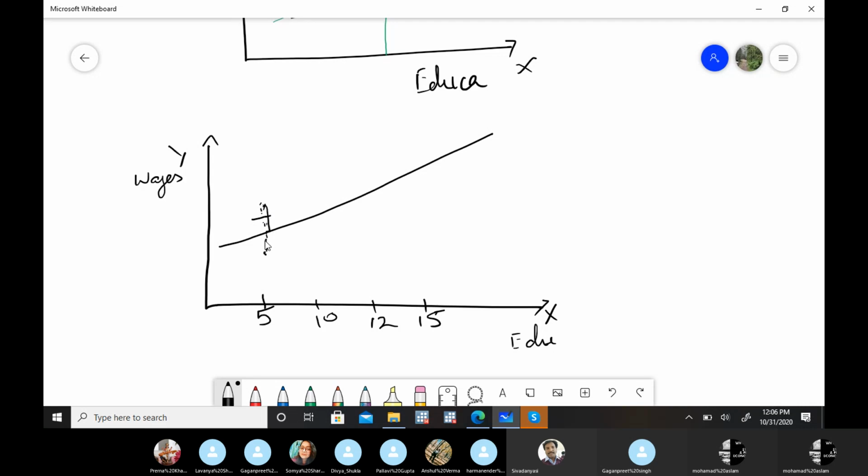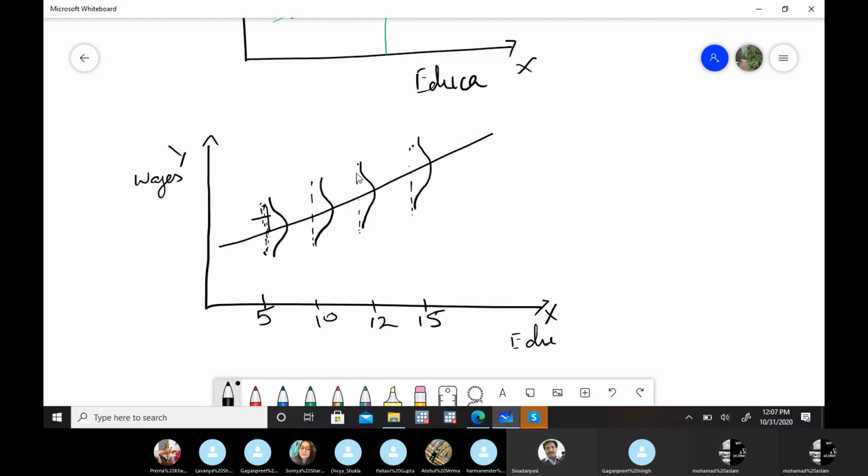These residual terms not only have an average of zero, but we are saying their variation is also constant. The variation at this particular level is the same as the constant variation at the second level and the third level, all the levels.